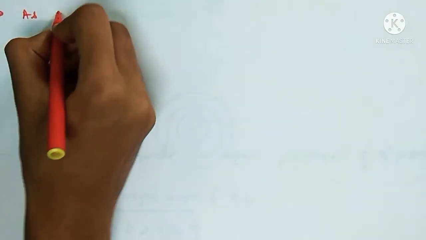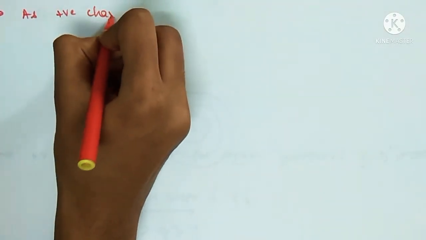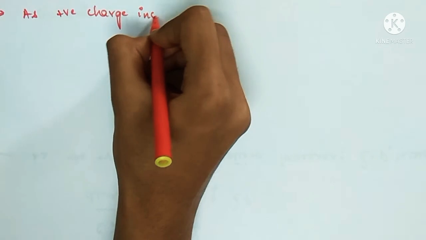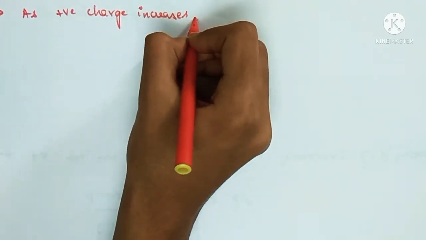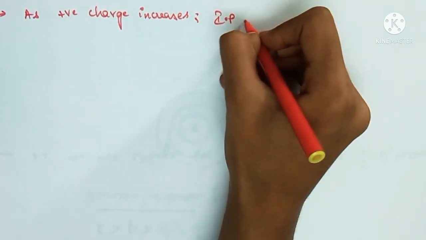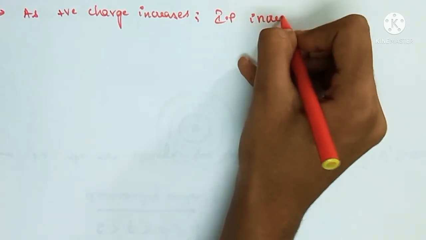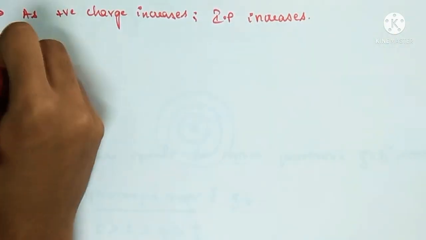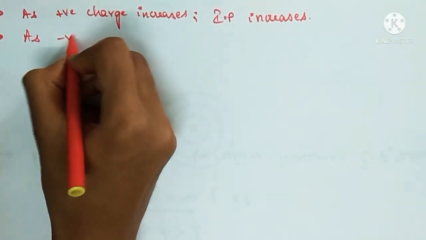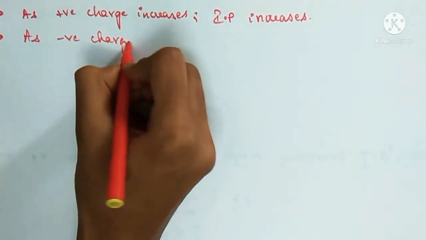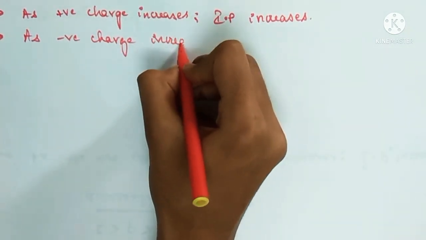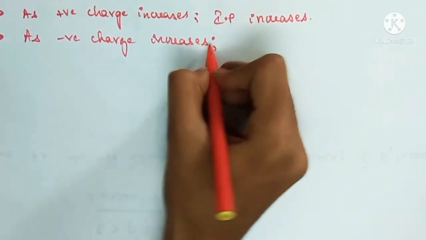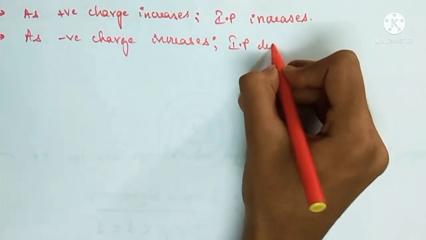The important point is, as positive charge increases, IP increases, but as negative charge increases, IP decreases.